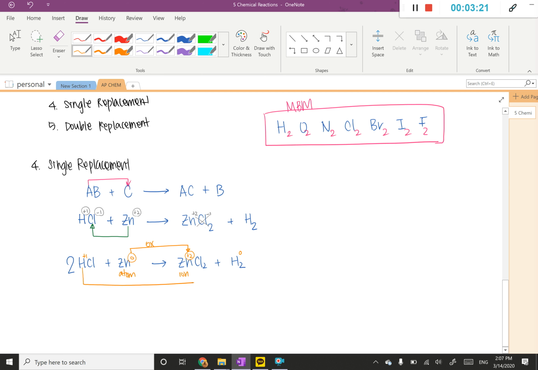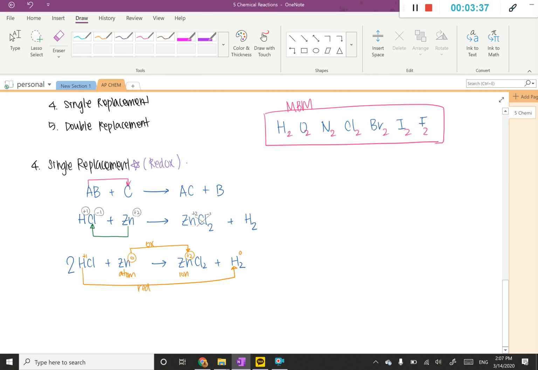Going from here to here, it gained electrons, and because it gained electrons, it underwent a reduction reaction. So single replacement, from this point on, you will remember as being the redox reaction. Okay? Cool. All right, let's continue with number 5.